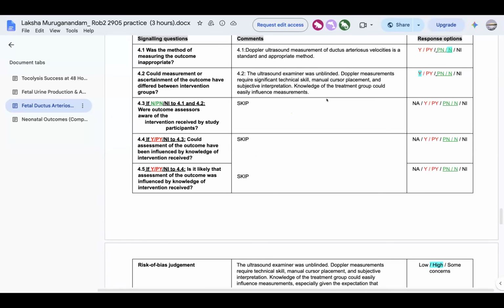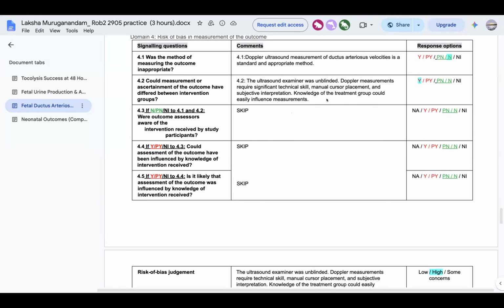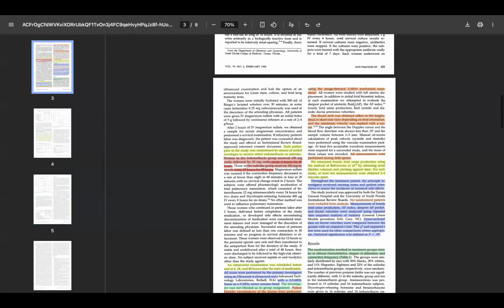Was there a description of a different measurement protocol being applied to the two arms? Because if there was, then that would determine between a yes or no. I can't think of it off the top of my head.